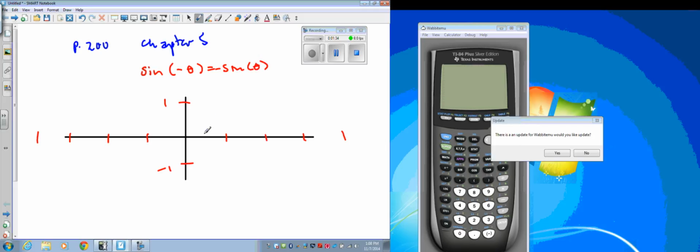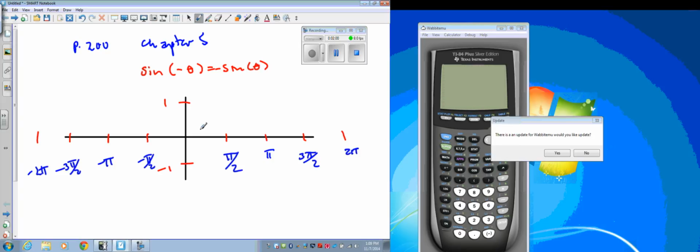For me, it is quite easy to see when you think about it: if this is 2 pi and then pi over 2 and 3 pi over 2, negative pi over 2, negative pi, negative 3 pi over 2, and negative 2 pi.